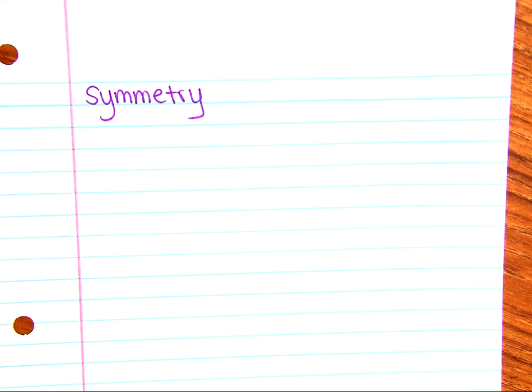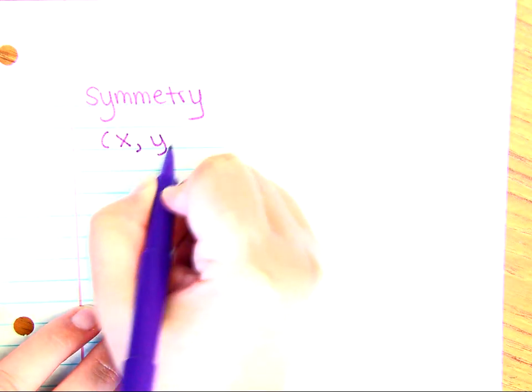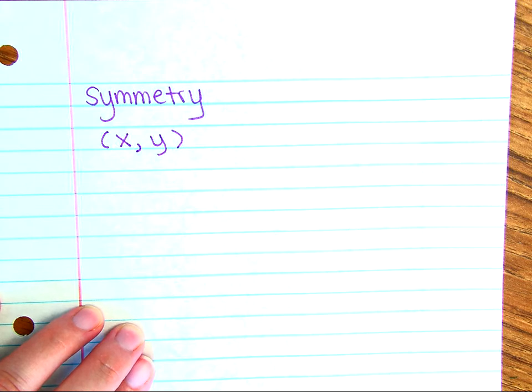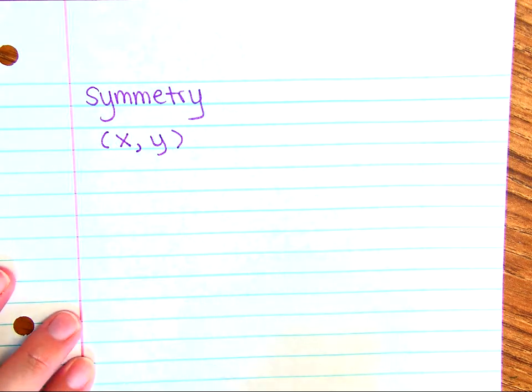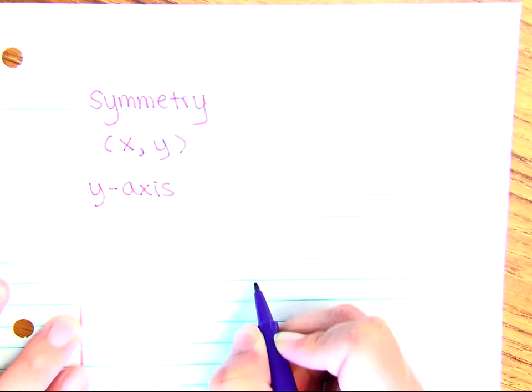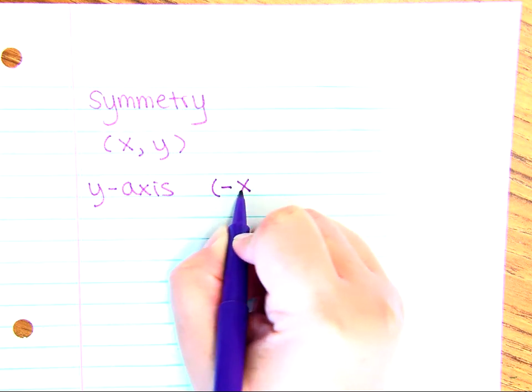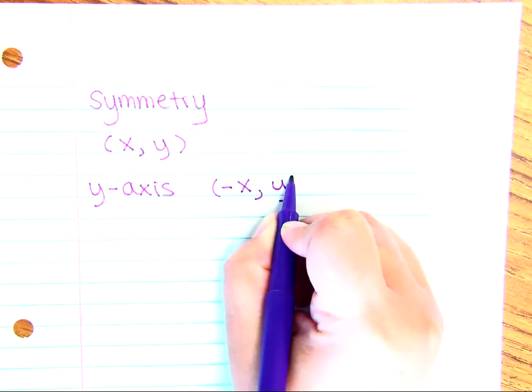Can you fold the graph over and it will be an exact copy if you fold it over either the y-axis, the x-axis, or the origin? So how do I figure that out? Well, if you know that there is a point (x, y) on your graph, in order to be symmetrical to the y-axis, the point negative or opposite x, comma y must be on the graph.